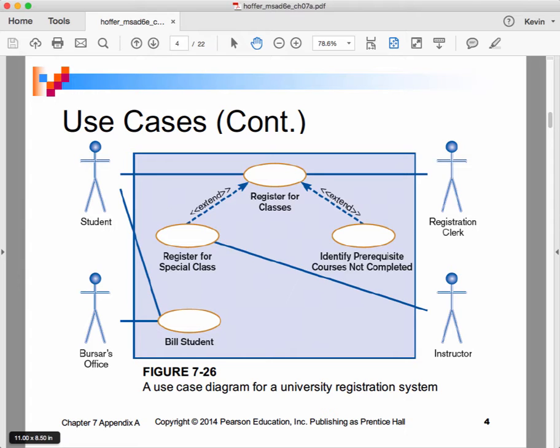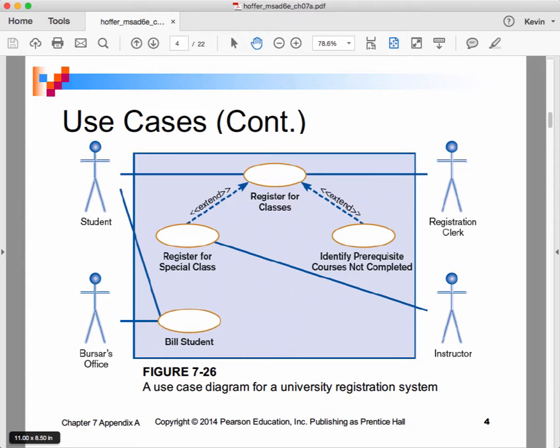As we move in from the stick figures, there's a rectangular outline of the shaded area that we see on the slide, a dark blue line. We call that the system boundary. This is what shows the boundary between the system and the users of the system.